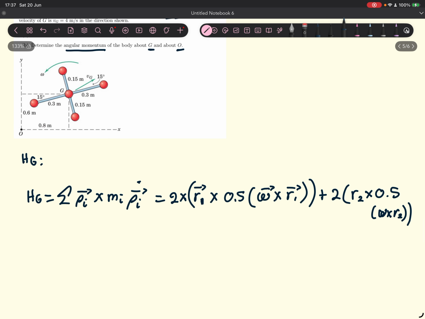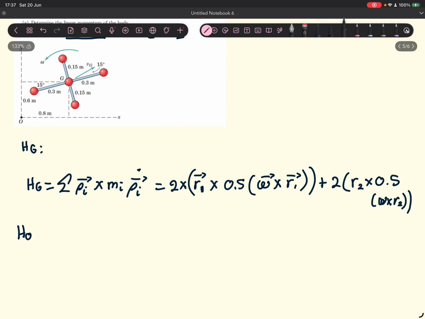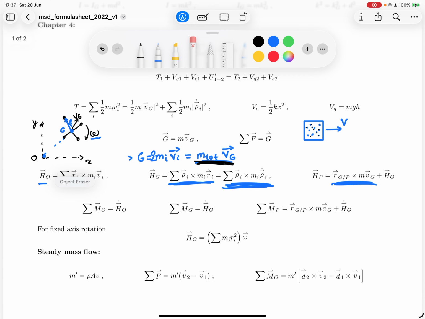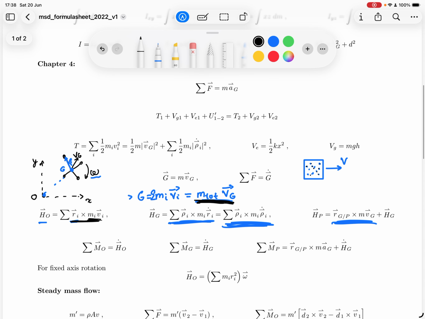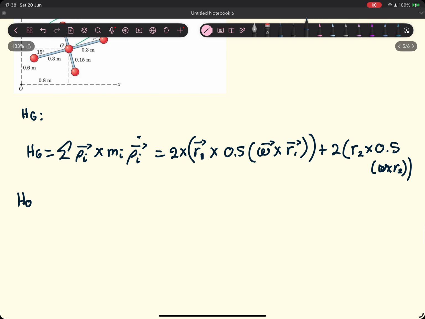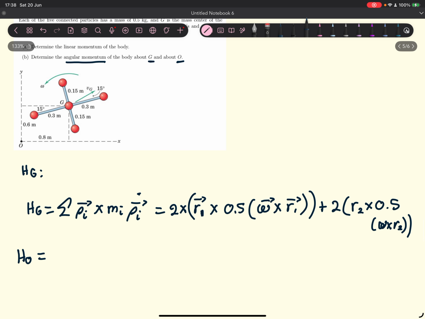And then for HO, we're just going to use this equation over here, but instead of using the sum of the angular momentum of each and every particle, we can use the angular momentum of the entire system, which would be HO equal to RG crossed with M total times Vg.